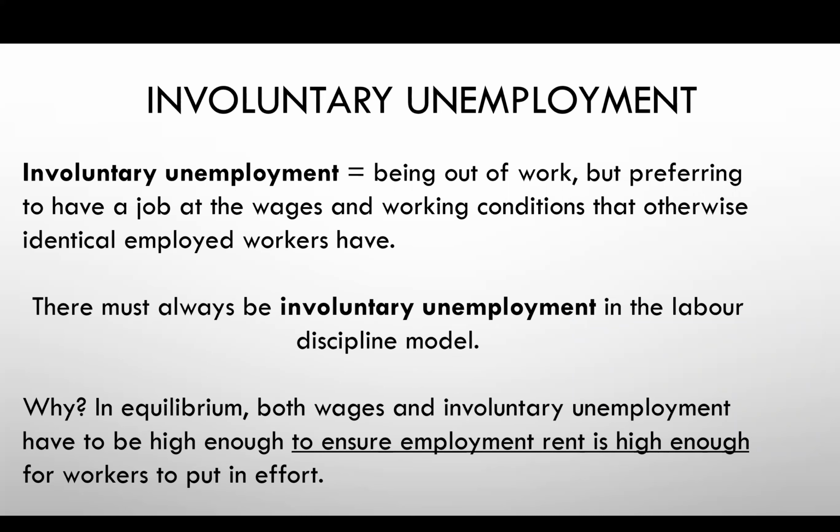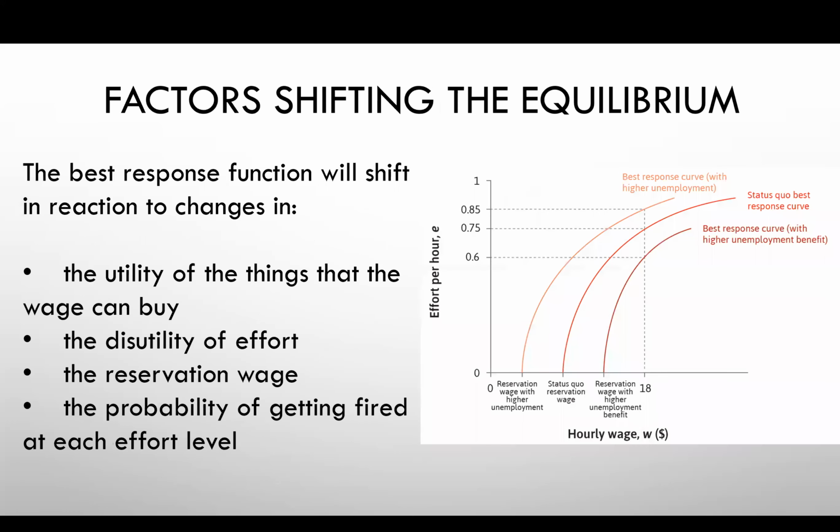What that essentially means is that workers have to know that if they don't work hard enough, they will lose their jobs. Whereas if there is no involuntary unemployment, the workers have no incentive to work hard because they know that no one's getting fired, no one's unemployed in the economy, and they will just find another job. So this structural unemployment has to be in place in order for the labor discipline model to work.